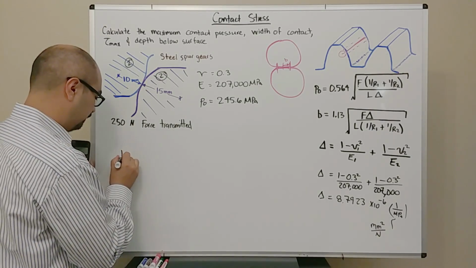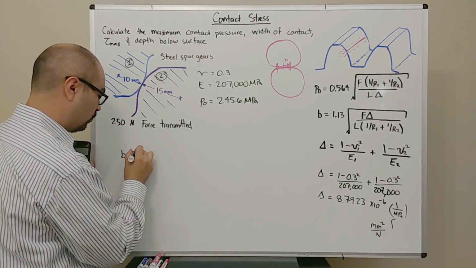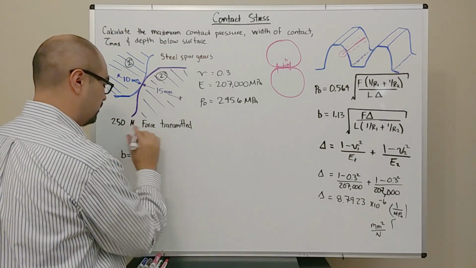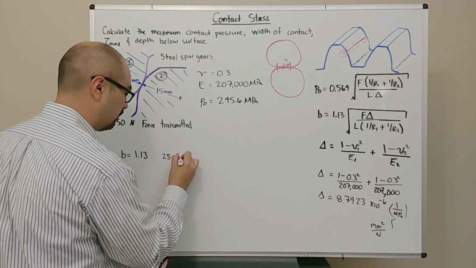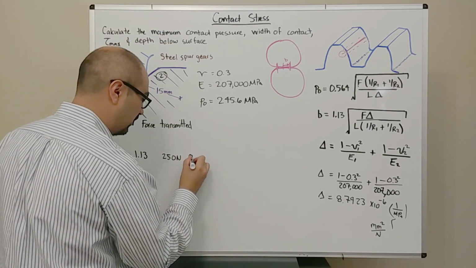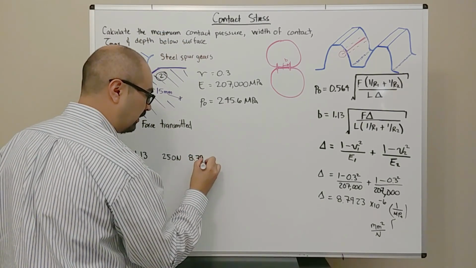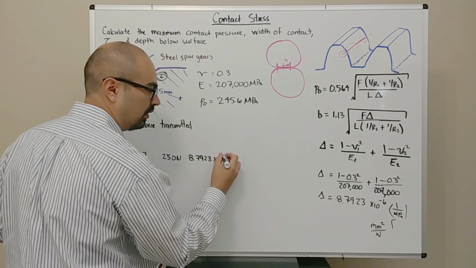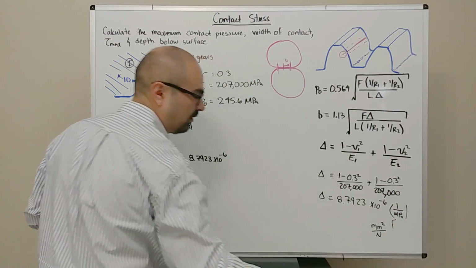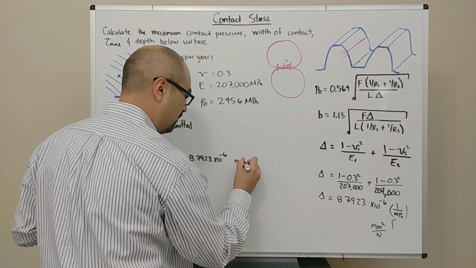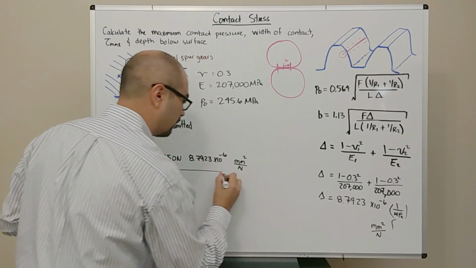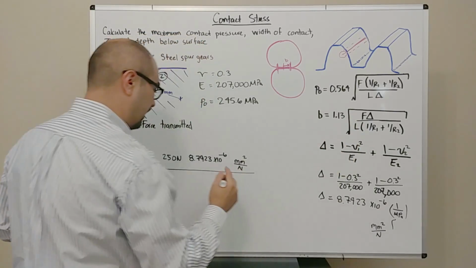So the B value is 1.13 times the square root of the force, which is 250 newtons, delta, which is 8.7923 times 10 to the minus 6. Remember, this has units of inverse megapascals or millimeters squared by Newton. And then this is going to get divided by the length.